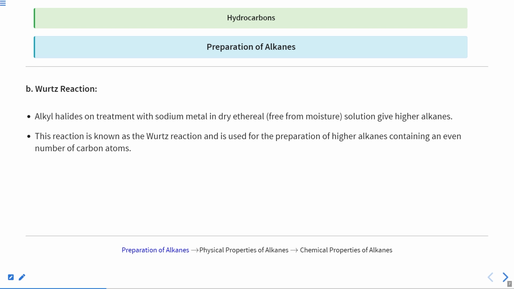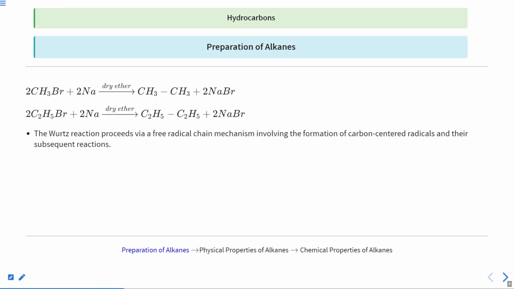Suppose we have taken an alkyl halide. If we add two odd numbers, that results in an even number. If you add two even numbers, that also results in an even number. So whether the alkyl halide contains an even or odd number of carbons, since you are doubling it, it will always result in an alkyl chain with an even number of carbon atoms. Clear?